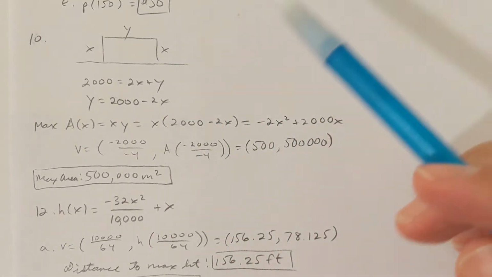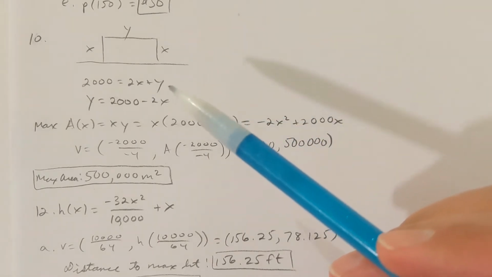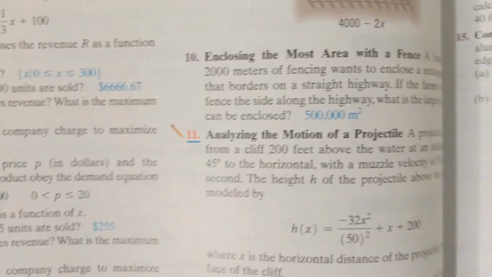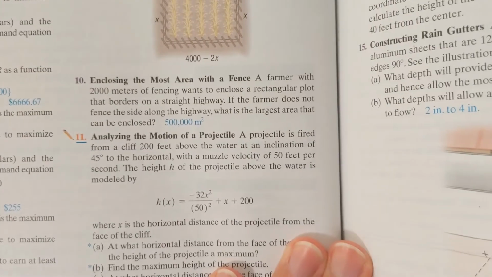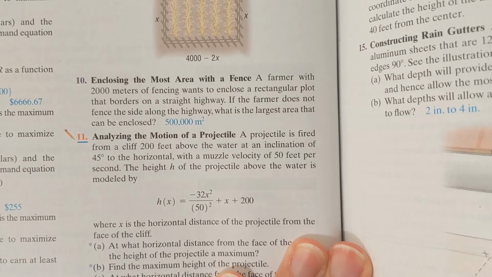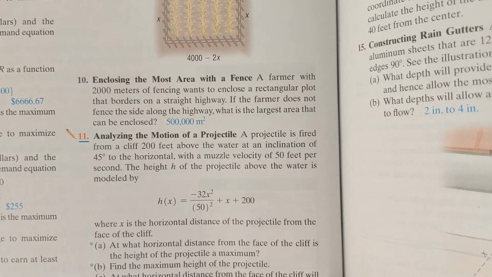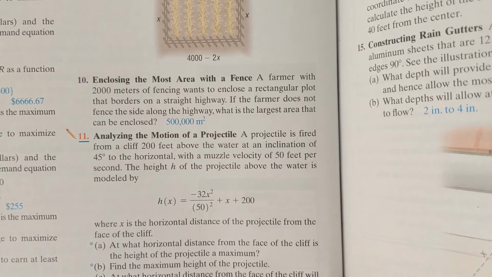Problem 10. A farmer with 2,000 meters of fencing wants to enclose a rectangular plot that borders on a straight highway. If the farmer does not fence along the side of the highway, what is the largest area that can be enclosed?